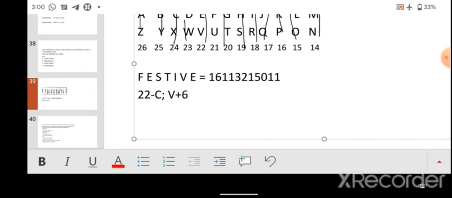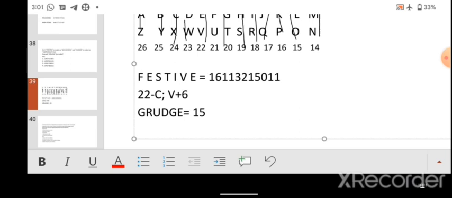So what we have to find for our question is GRUDGE. G is a consonant. What is G? G is 7. So 22 minus 7 is 15. Then R is 18.